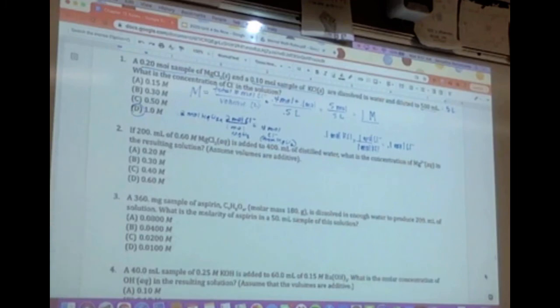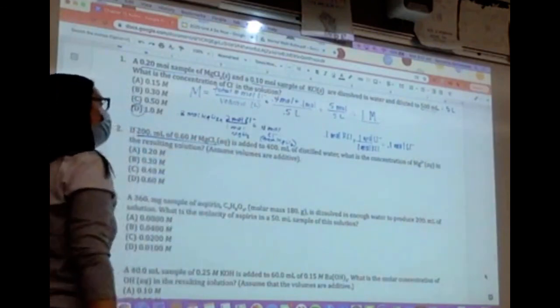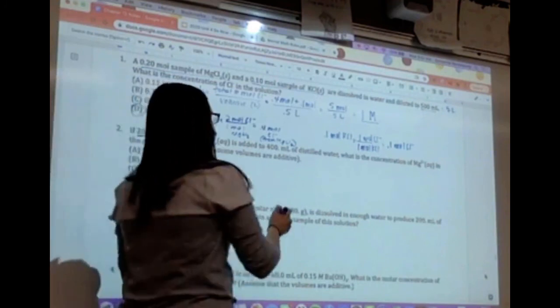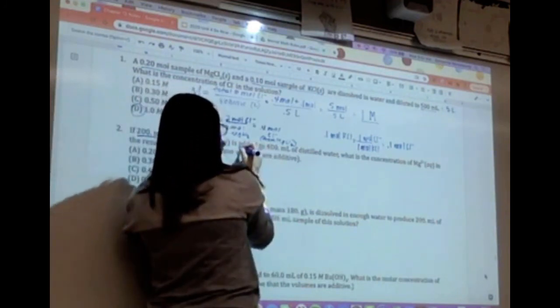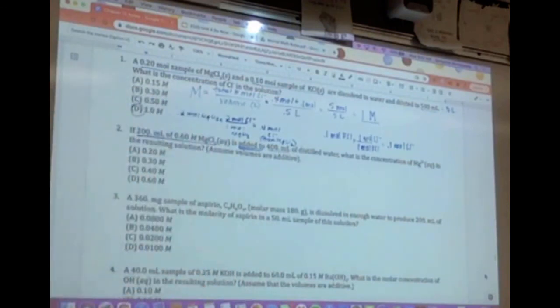So if we look at number 2, 200 milliliters of 0.6 molar MgCl2 is added to 400 milliliters of distilled water. What is the concentration of Mg2+ in the resulting solution? And I said assume volumes are additive.